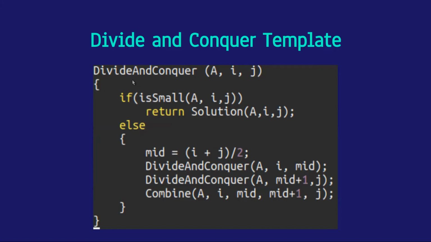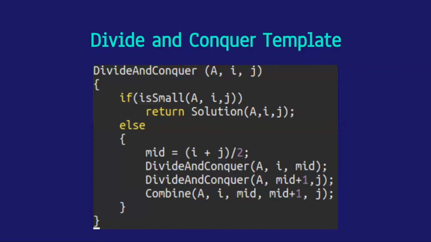So think of divide and conquer as a function which takes in an input a, i, and j. Here in this code, I assume that a is an array or any input which is big.